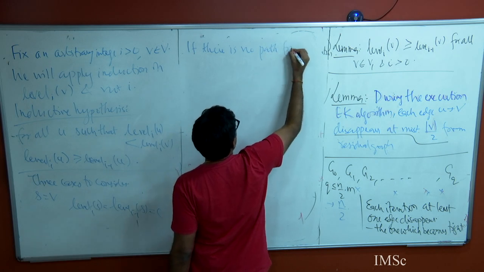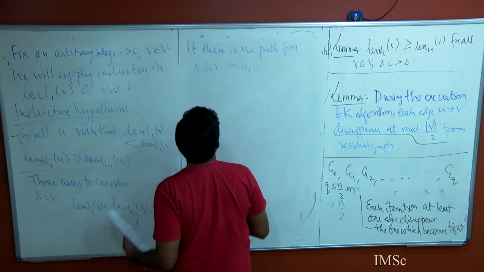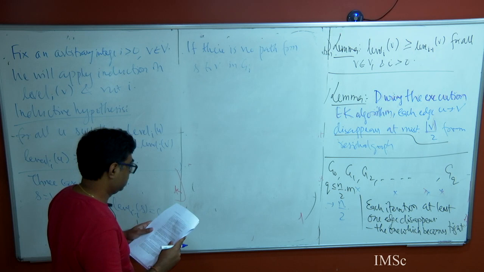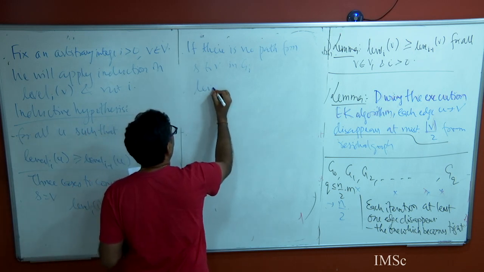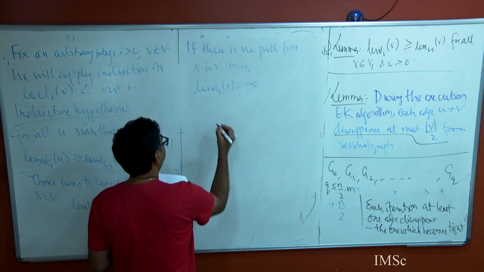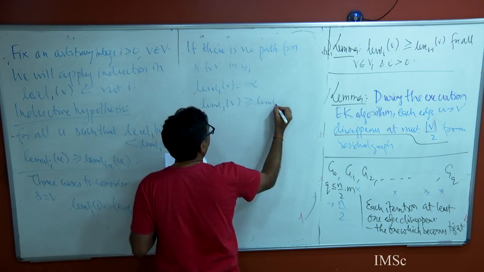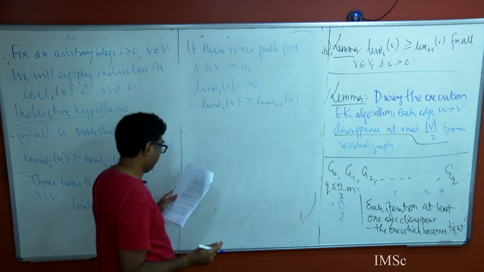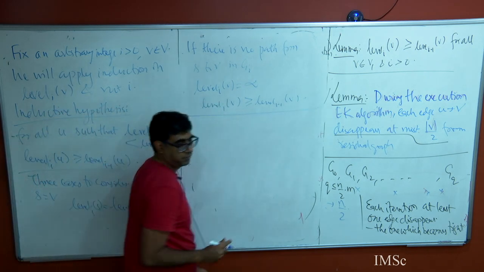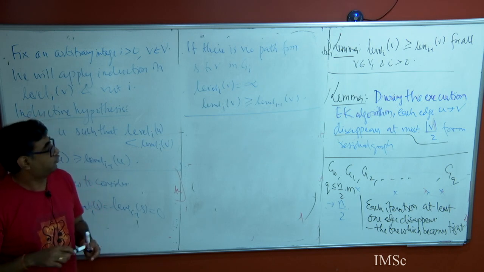And if there is no path from S to V in G_i, then what happens? What is the level in i of V? Infinity. Which implies level_i of V is greater than or equal to level_{i-1} of V. Otherwise, we have the last case, we have a shortest path.